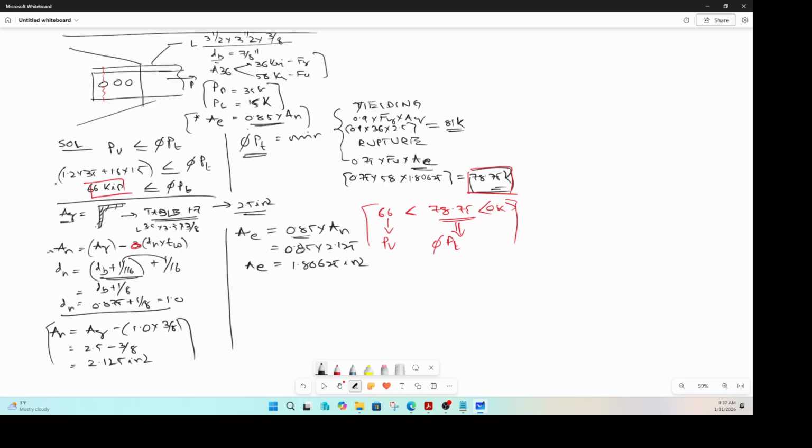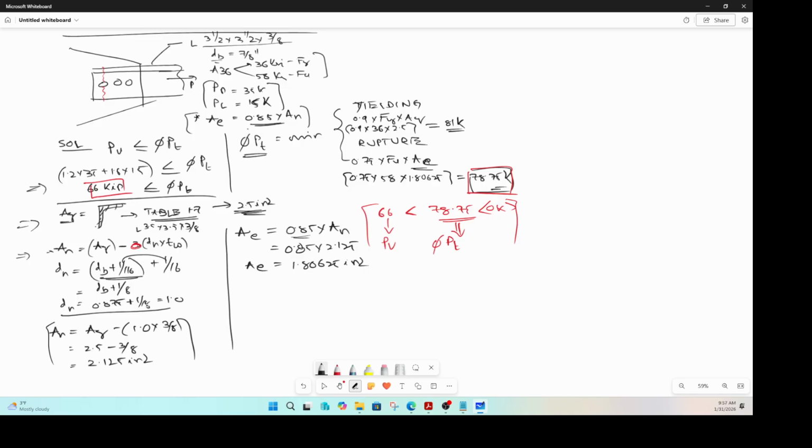Now PU, the factored load, is 66. To calculate phi PT, I need A gross. A gross is from the tables, 2.5 inches square. From A gross, I calculate A net, as A gross minus something. That something is nothing but the diameter times t. The diameter of the hole is the nominal diameter of the bolt plus 1/16 of an inch. Nominal diameter of bolt is d bolt plus 1/16 because d bolt is less than 1 inch.